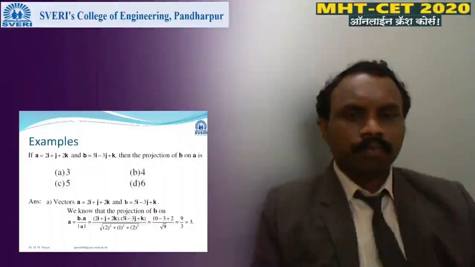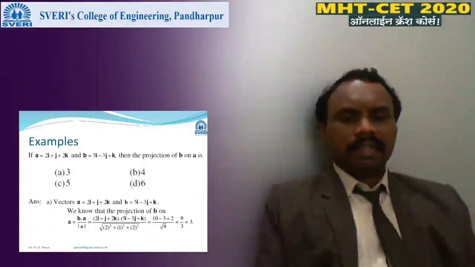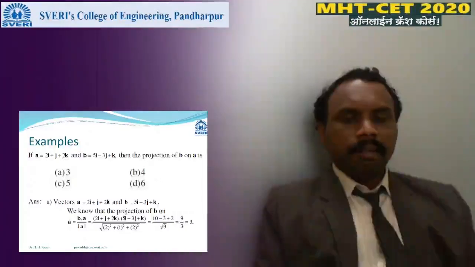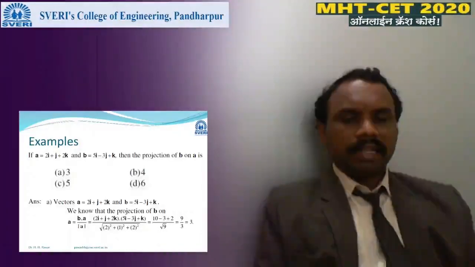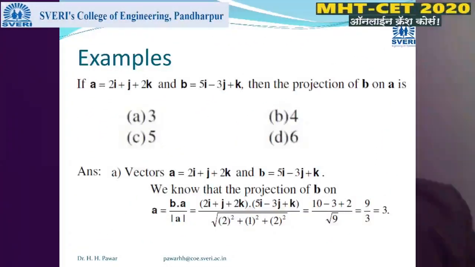Next example: if a bar is equal to 2i plus j plus 2k and b bar is equal to 5i minus 3j plus k, then the projection of b bar on a bar is. Here vectors a bar and b bar are given, and we know that the projection of b bar on a bar is b bar dot a bar divided by modulus of a bar. Now put the values: 2i plus j plus 2k dot 5i minus 3j plus k divided by the square root of 2 square plus 1 square plus 2 square.